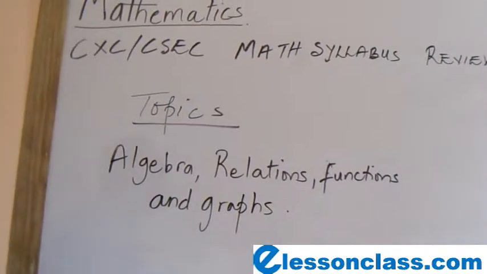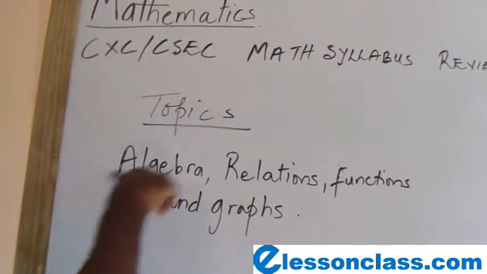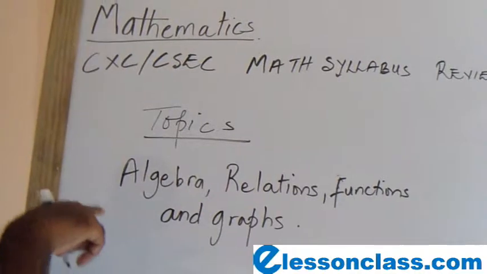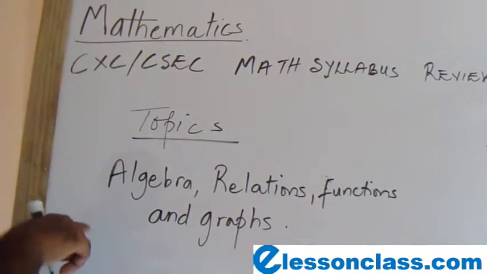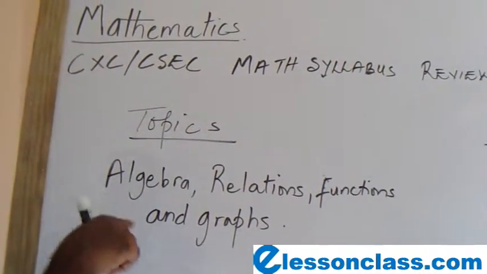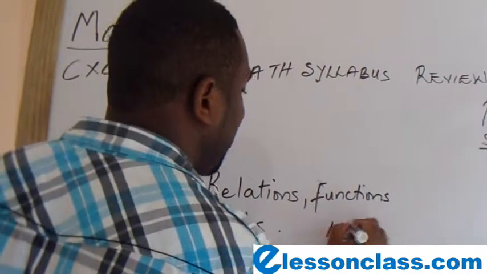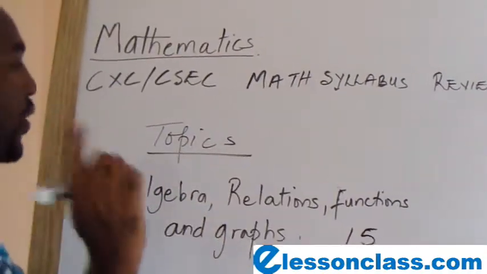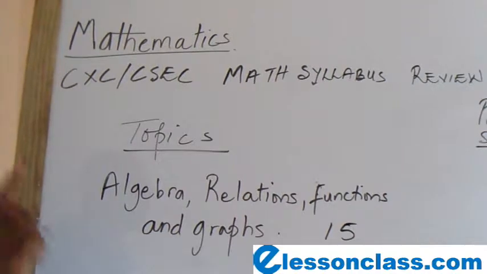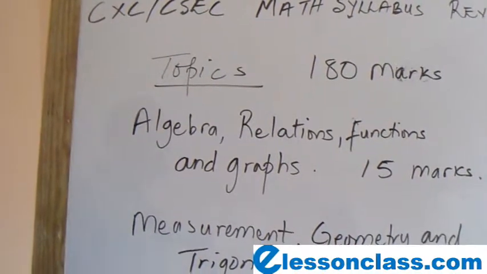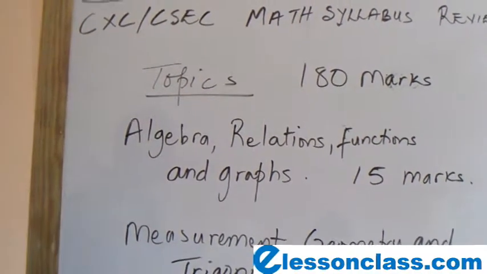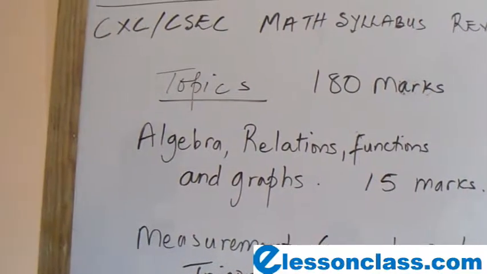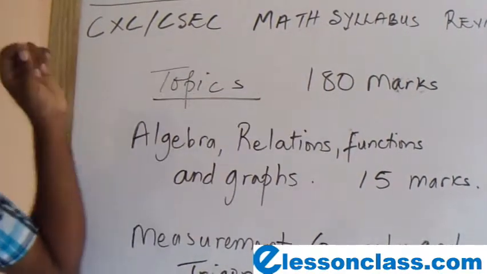Now, you realize that there's a combination of different topics here that form that first question. Now, this question is valued at 15 marks, and each question in section 2 is the same. Let me just see how we get this 180 marks.